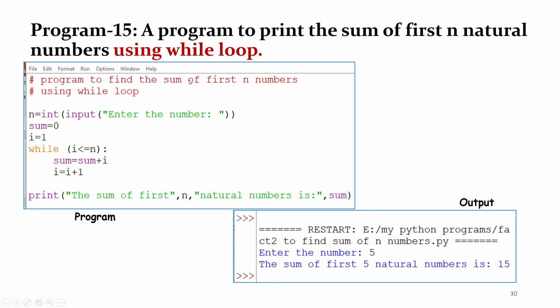So program to find the sum of first n natural numbers using while loop. Now n is equal to integer n. We are accepting the value from the user in n. Sum equals to 0.